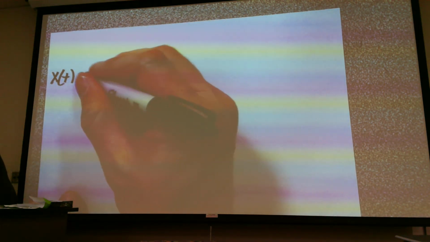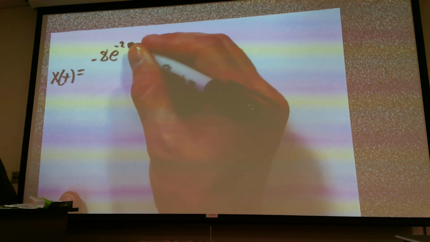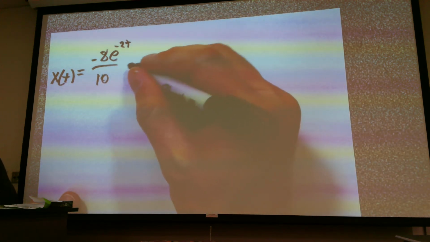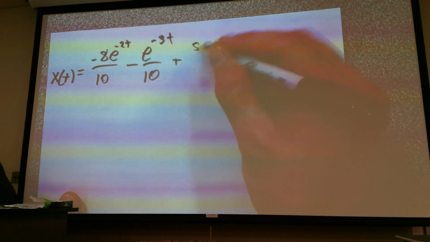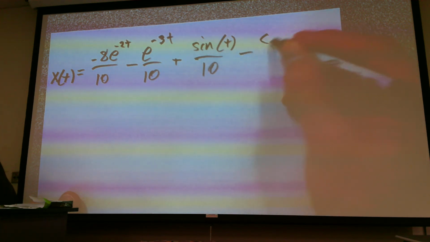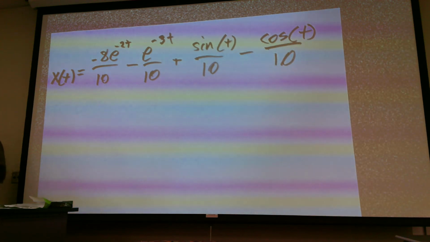So x of t is going to equal negative 8 e to the minus 2t divided by 10, and the other one was negative 1 over 10, so minus e to the minus 3t divided by 10. And then plus sine of t divided by 10, and minus cosine of t divided by 10. That's the full solution to that problem.